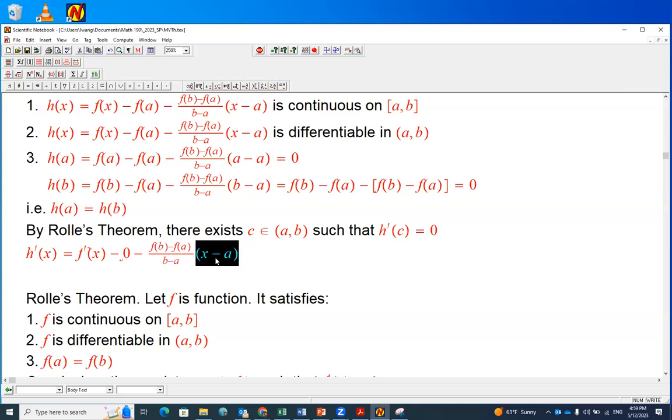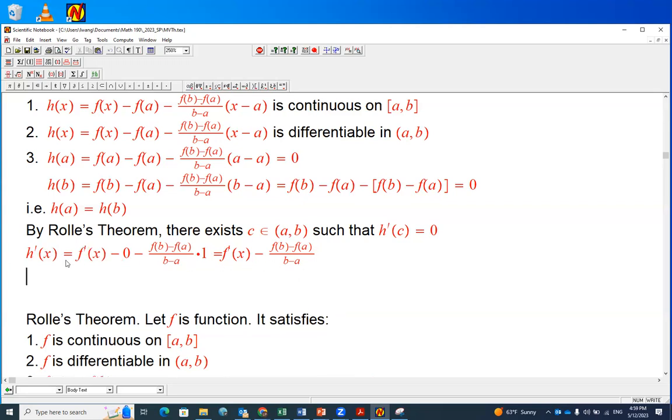The derivative of x minus a is 1 by chain rule, right? So in the end, the derivative of h is equal to, what does it equal to? It equals to that, right? This is the derivative of h.